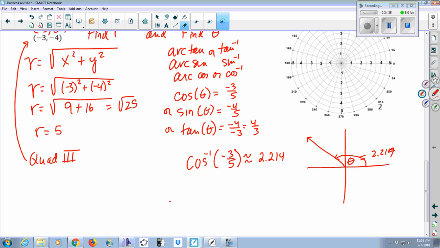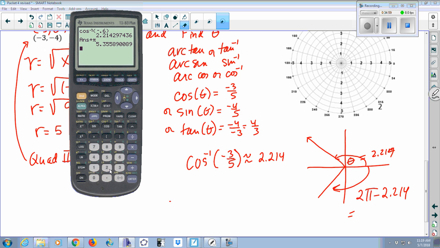So one choice you have, if you want the angle down here, is you could go this way. To get this angle right here, you could say 2 pi minus 2.214. That would probably be the easiest way to do it. And what's that going to give you?